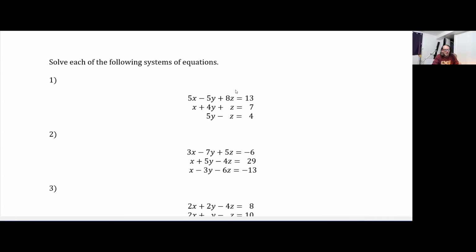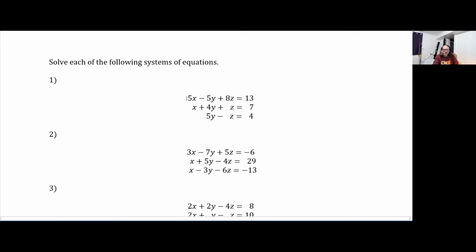So in the case of a 3x3 system, we want to go from 3x3 to 2x2 first of all, because then we'll be back on familiar ground. Once we can go to 2x2, we can go to 1x1.